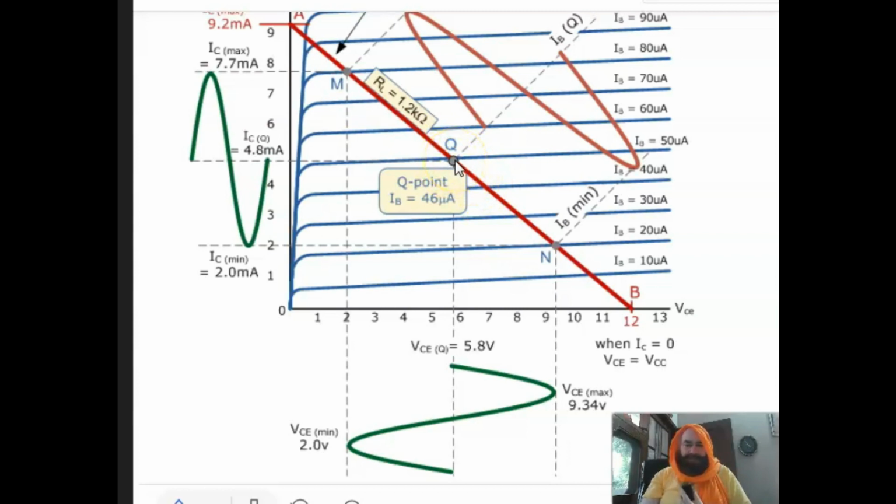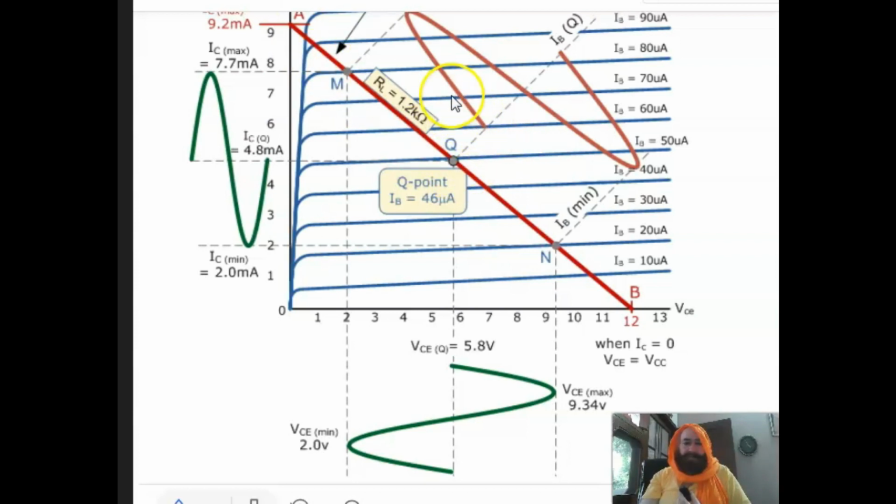At the Q point the base current is 46 microampere, and this base current is without any input signal, because the transistor is given a potential divider arrangement with the collector supply, and with that there is some forward bias voltage at the base, which provides approximately 50 microampere current without signal, with biasing to the base circuit without any input signal.